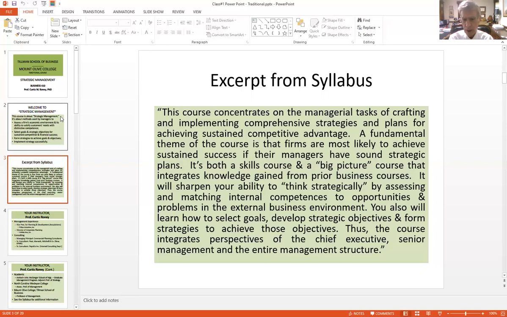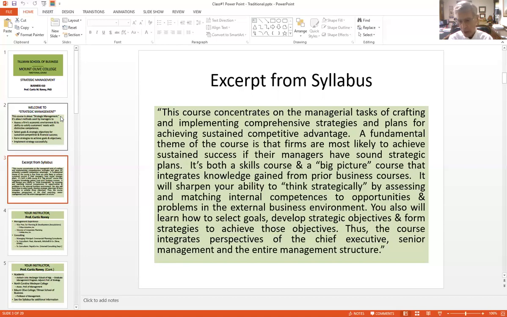A fundamental theme of the course is that firms are most likely to achieve sustained success if their managers have sound strategic plans. It's both a skills course and a big picture course that integrates knowledge gained from your prior business courses.